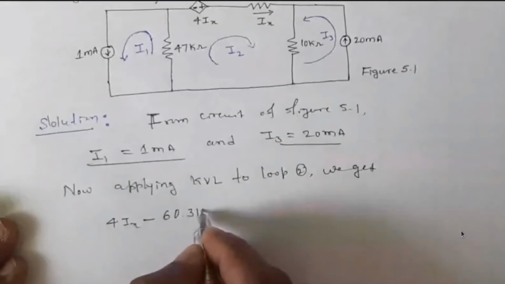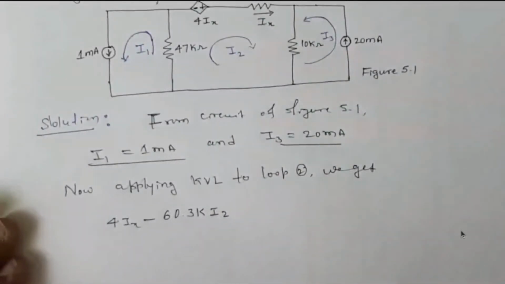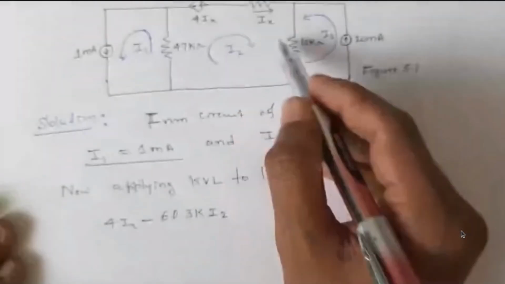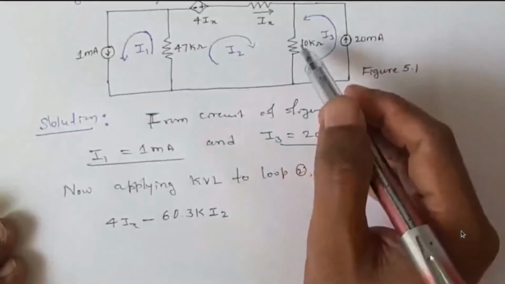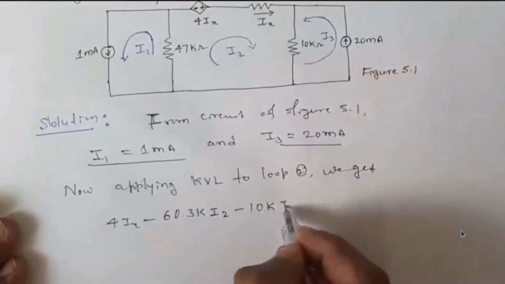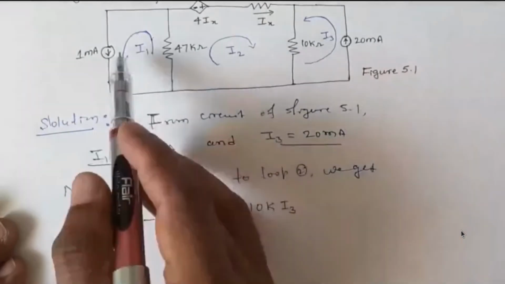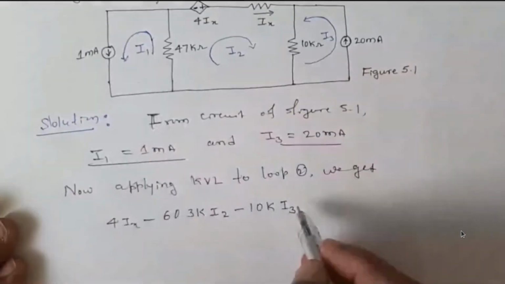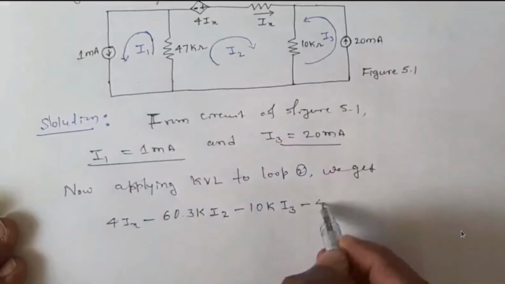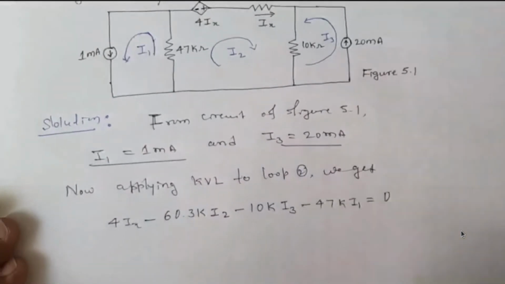Minus 60.3 kilo I2 I wrote directly, because I2 and I3 both are in the same direction. So I'll write here minus 10K I3, and because I1 and I2 are also in the same direction, here I'll consider minus 47K I1 is equal to 0.